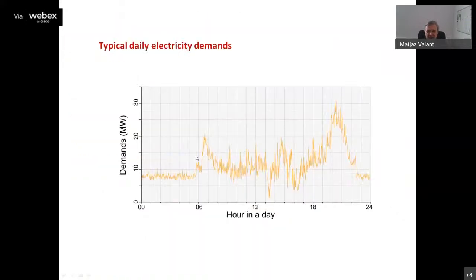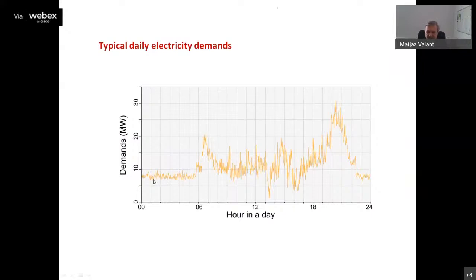So now, at every moment in time, we have to manage the consumption and production of electricity. What I'm showing you here is a typical demand for electricity over the day, so consumption of electricity.